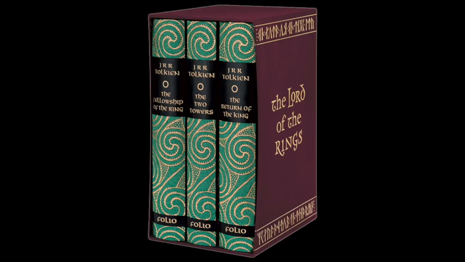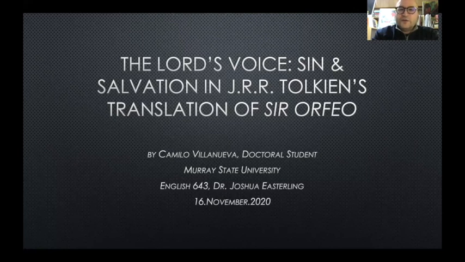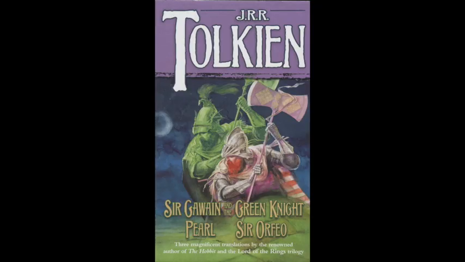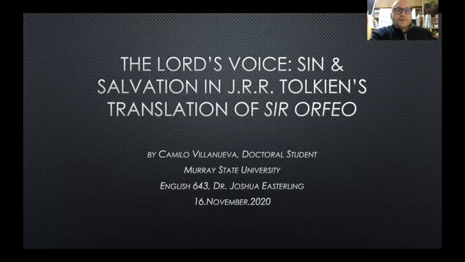However, I do respect him, and I didn't really know that he was a professor at Oxford, that was his main job before he got famous. So he did publish a modern English translation of Sir Gawain and the Green Knight, and packaged with that was Sir Orfeo and Pearl. So I was interested in Sir Orfeo.